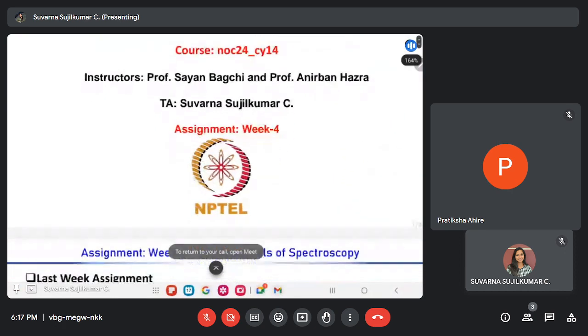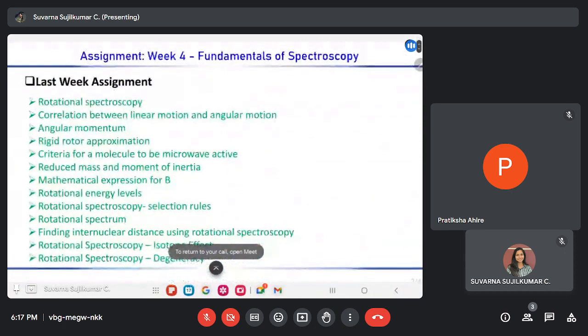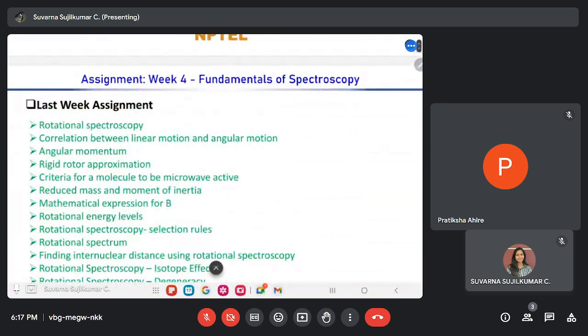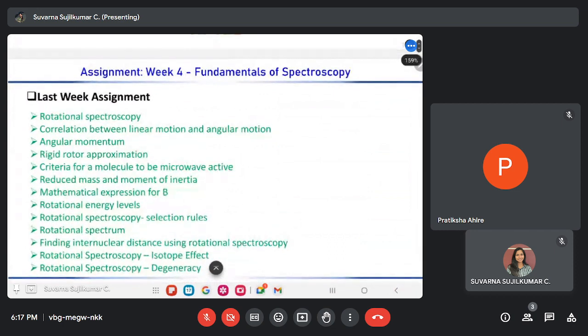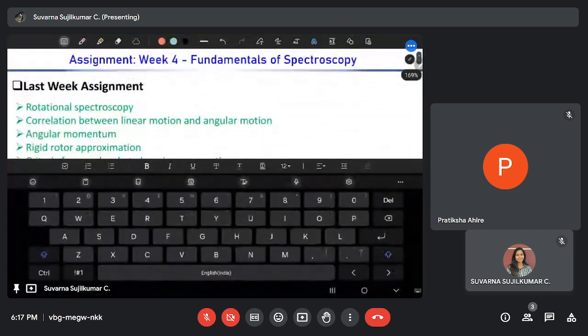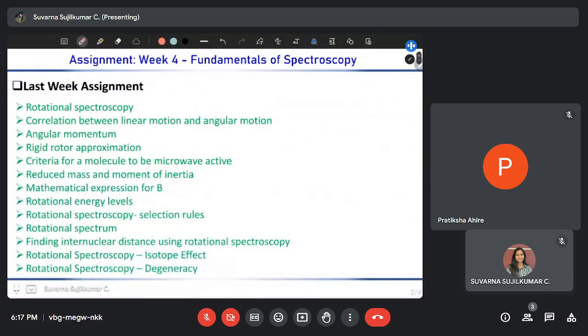So let's start. Last week we had a discussion about rotational spectroscopy, and the correlation between linear motion and angular motion.